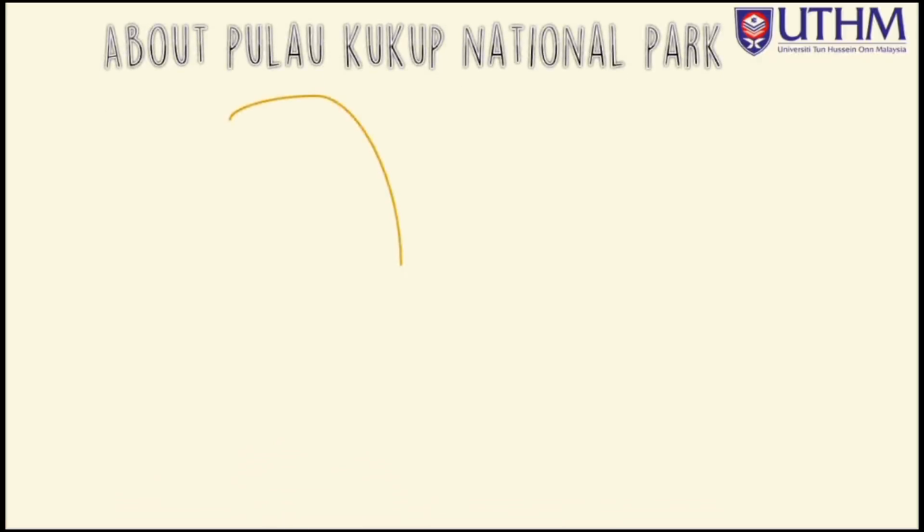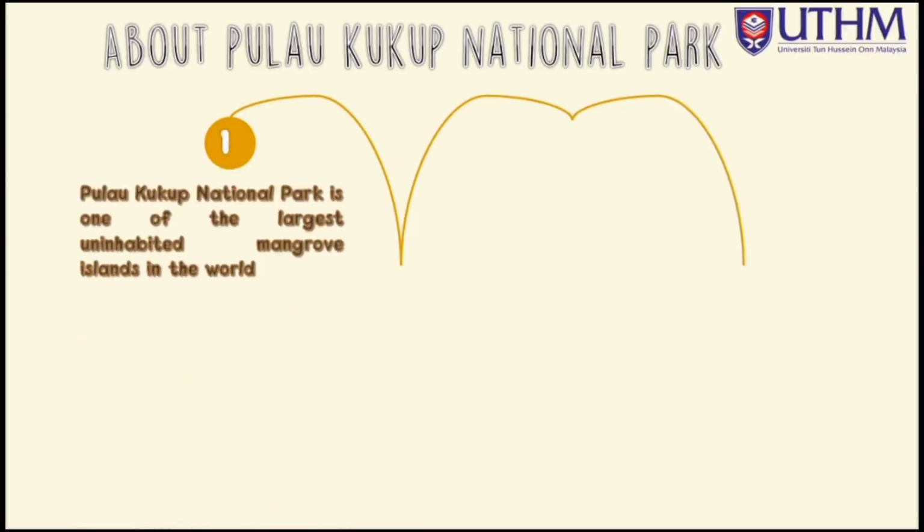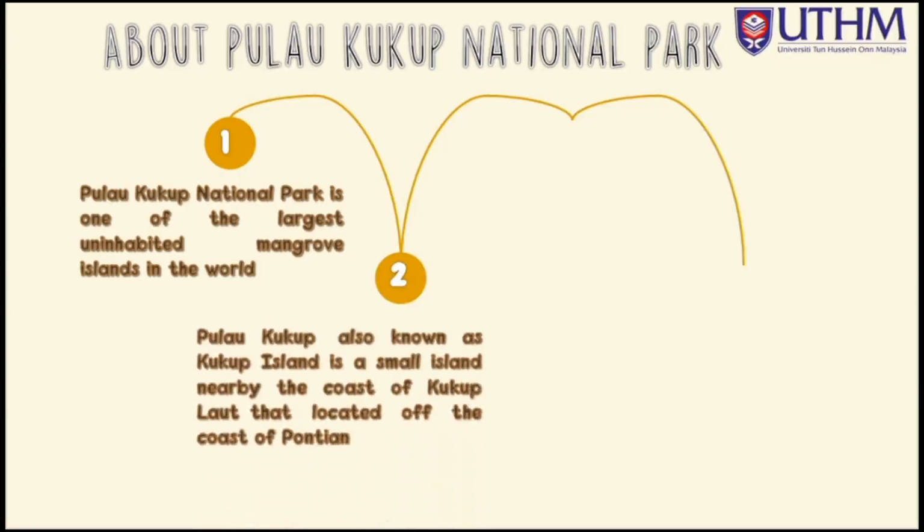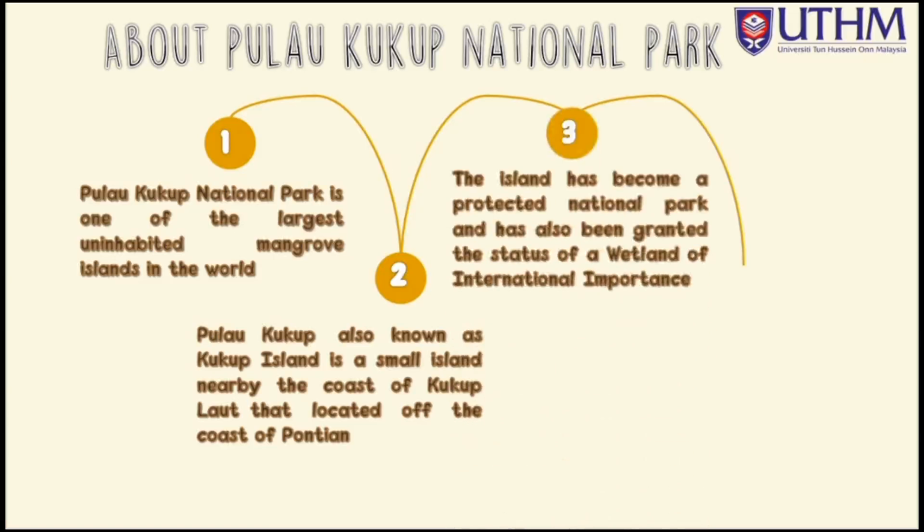About Pulau Kukup National Park. First, Pulau Kukup National Park is one of the largest uninhabited mangrove islands in the world. Second, Pulau Kukup, also known as Kukup Island, is a small island near the coast of Kukup Laut that is located off the coast of Pontian.